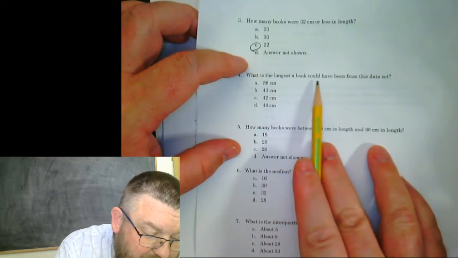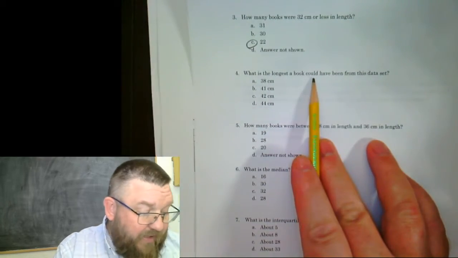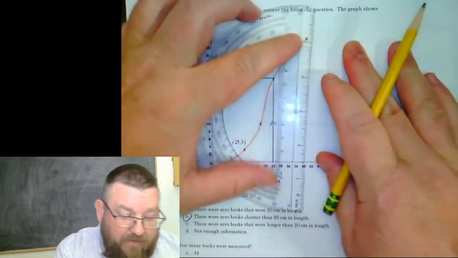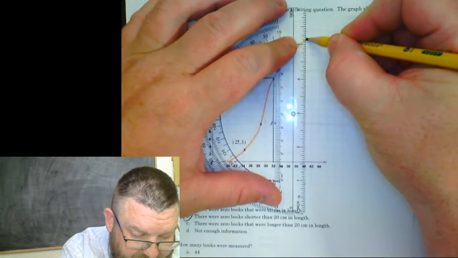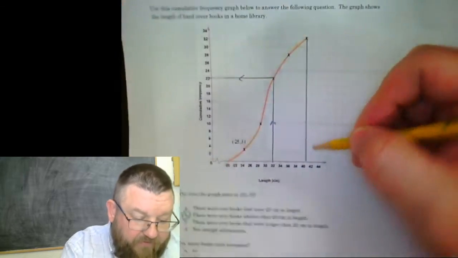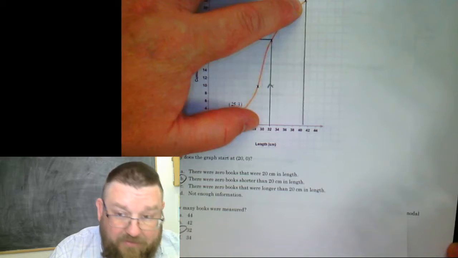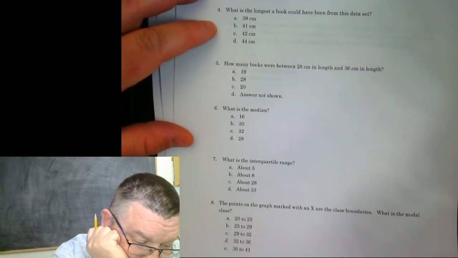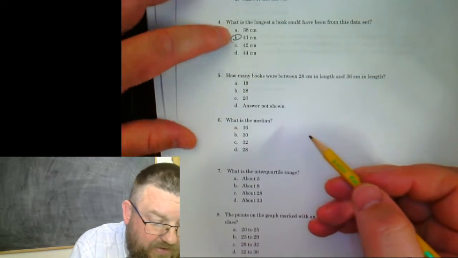Okay, what is the longest a book could have been from the data set? Well, if we look at this highest value right here, that's more than 40. I don't know exactly what it is, but it's more than 40, because 40 is right here on this line, and it's past that. I'm going to have to say 41, between 38, 42, and 44.